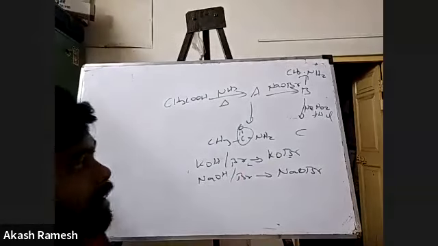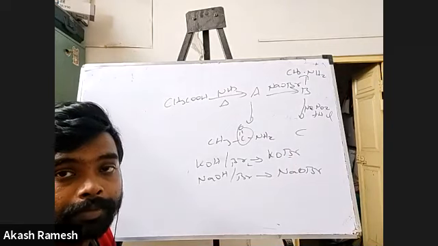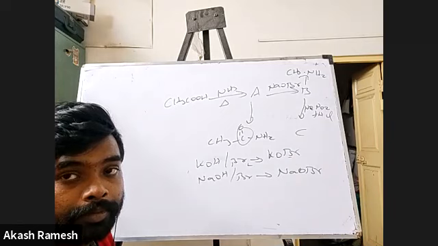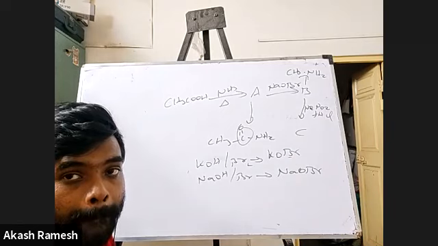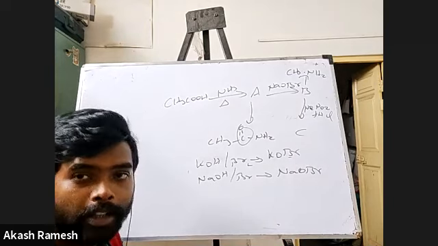Okay, what should have been C then? If I'm going for NaNO2 plus HCl, what should have been C? Aliphatic amines on diazotization will give what?